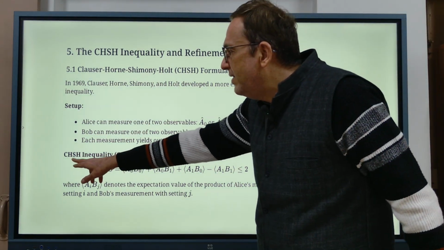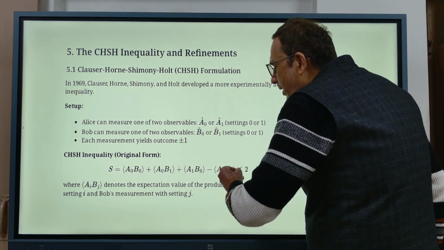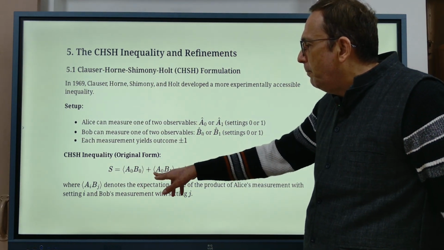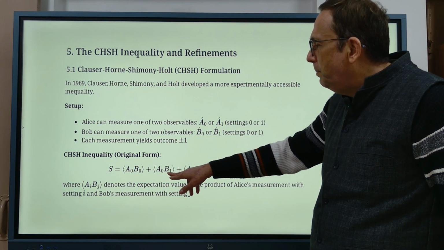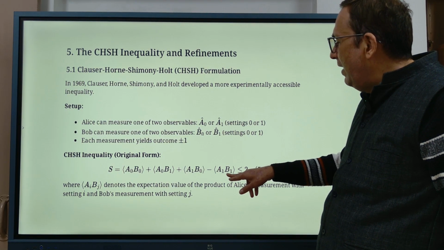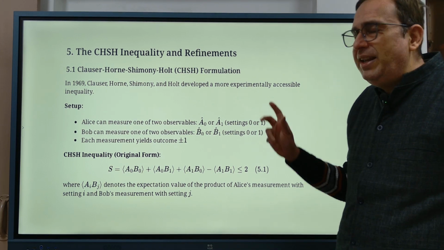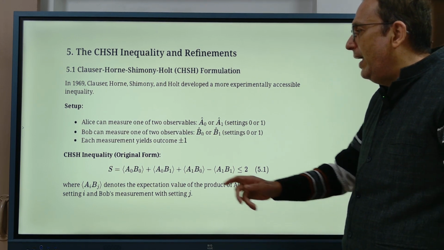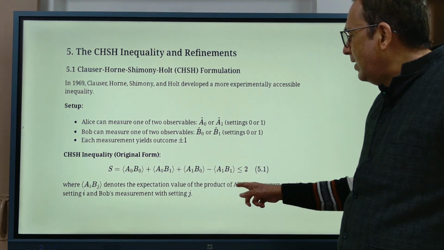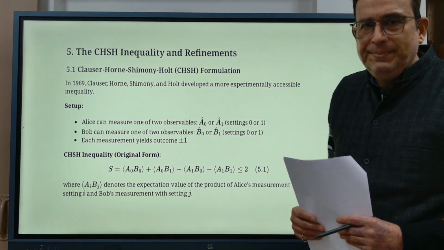Then the CHSH inequality in the original form is that the expectation value of A0B0 plus A0B1 plus A1B0 minus A1B1 is always less than or equal to 2. This is a variation of Bell's theorem, and the expectation value AiBj is the product of Alice's measurement with setting i and Bob's measurement with setting j.